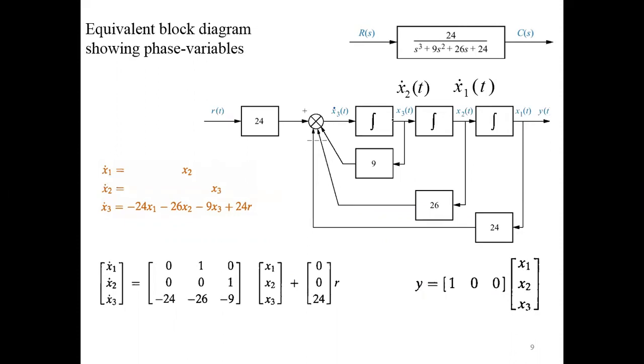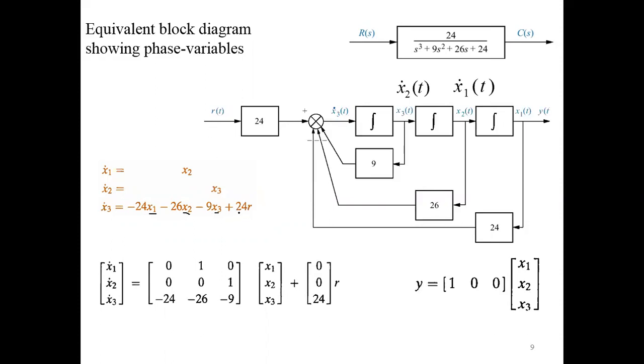and x3 derivative, integration of this will give us x3. But how to get the x3 derivative? By using this equation. We have x1, x2 and x3 already, and input r of t.